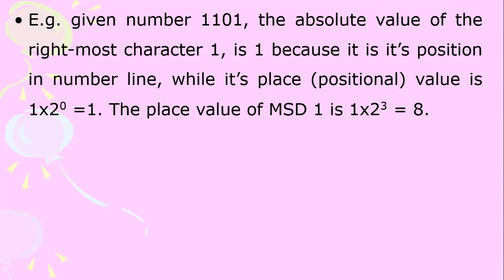If it is binary, we raise 2 to 0. If it is octal, we raise 8 to 0. If it is decimal, we raise 10 to 0. If it is hexadecimal, we raise 16 to 0.